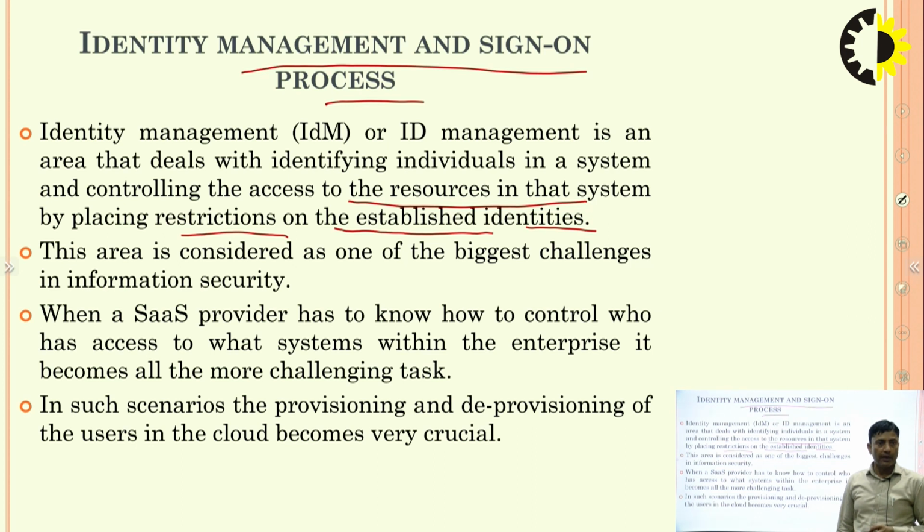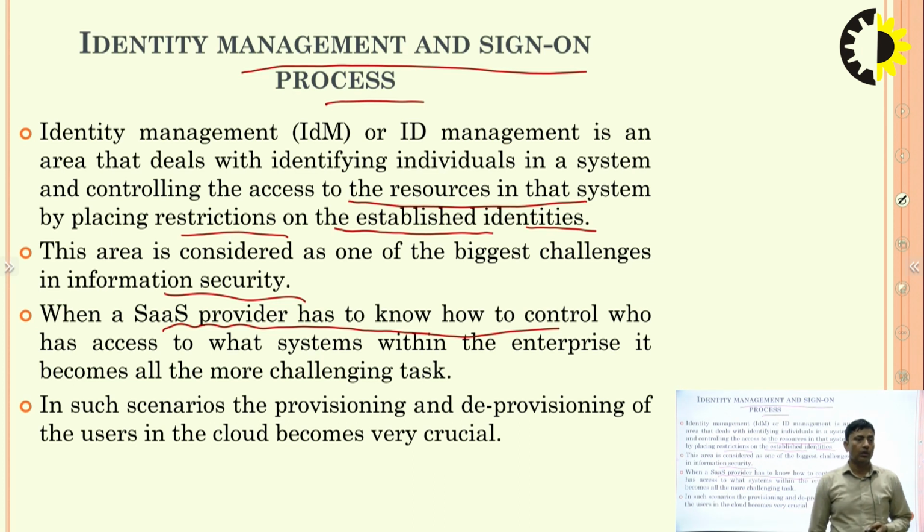There should be a proper mechanism. This area is considered one of the biggest challenges in information security. When a SaaS provider has to know how to control who has access to what system within the enterprise, it becomes all the more challenging a task. That means, what are the different resources, and who is authorized to use them.